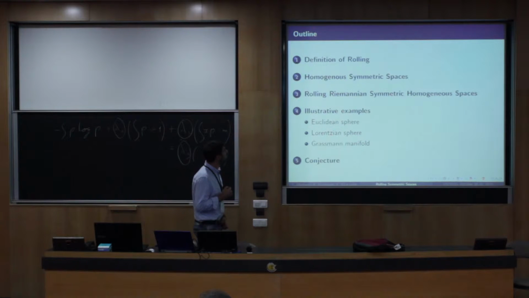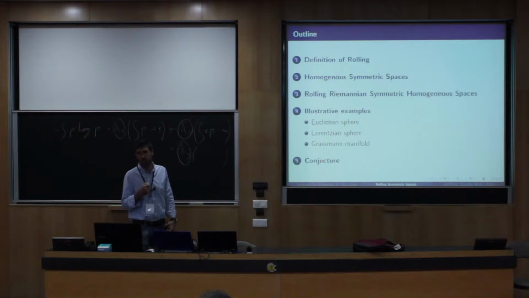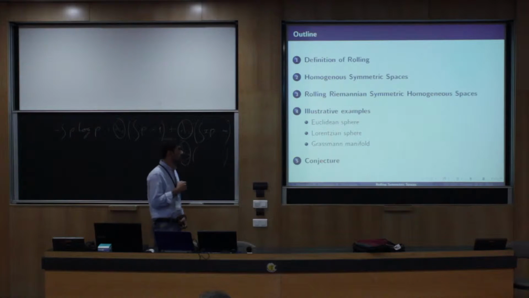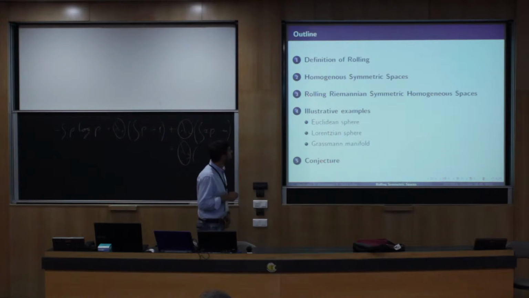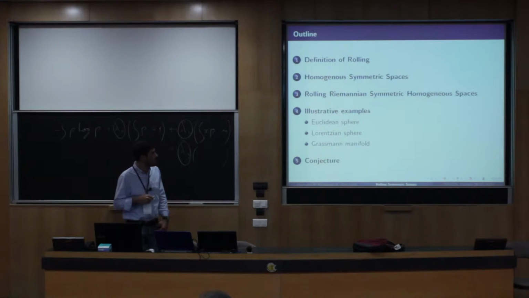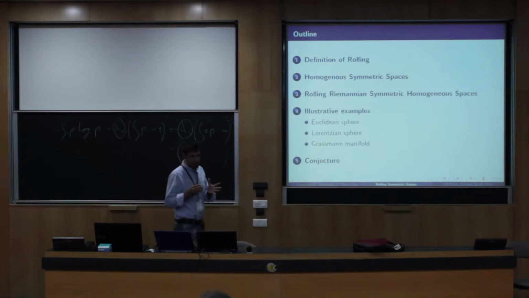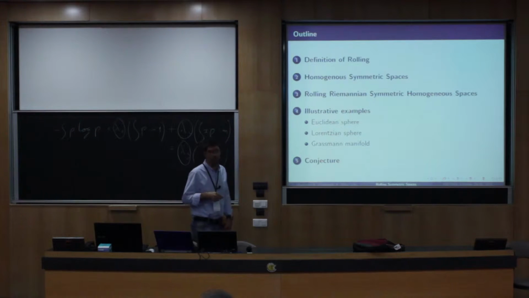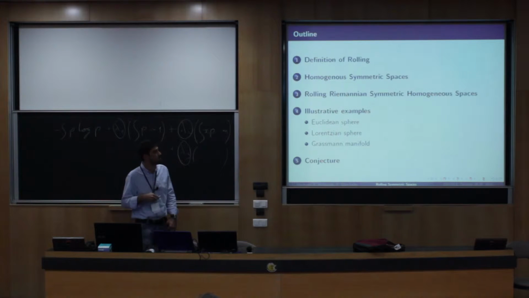Then I will present the main notions about homogeneous symmetric spaces in order to present the main results about rolling of symmetric and homogeneous spaces. In this case, we will show how the Lie algebra decomposition associated to the symmetric space is connected to the kinematic equations of these rolling motions.